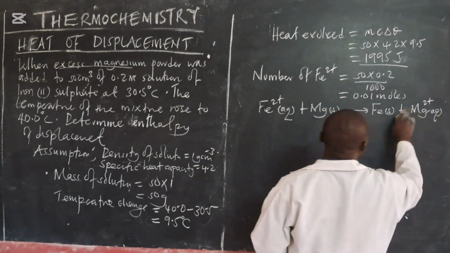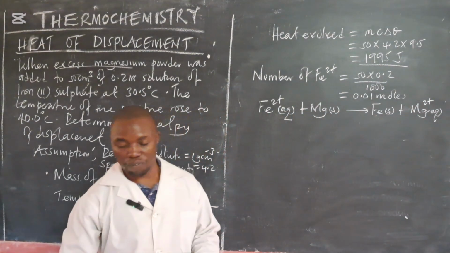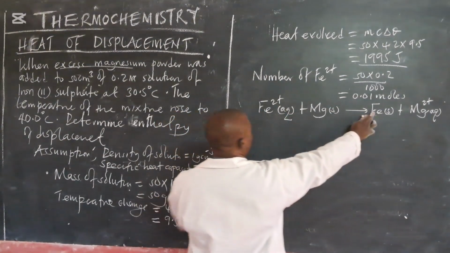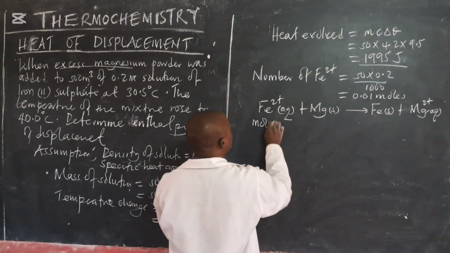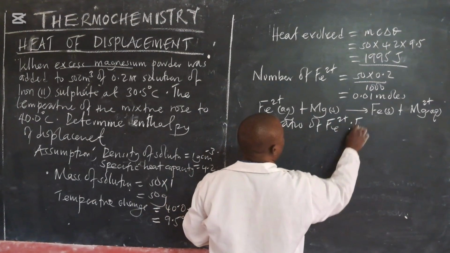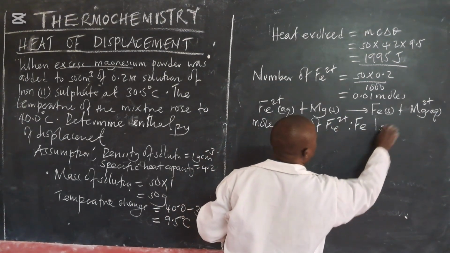So we are interested in the number of moles of iron that have been displaced. So the mole ratio of iron 2 to iron solid is 1 to 1.